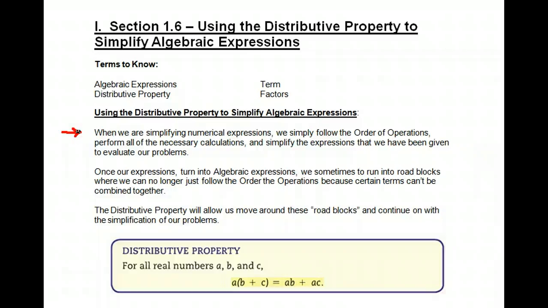With numbers, and only numbers, we can use order of operations with no problem to simplify expressions.